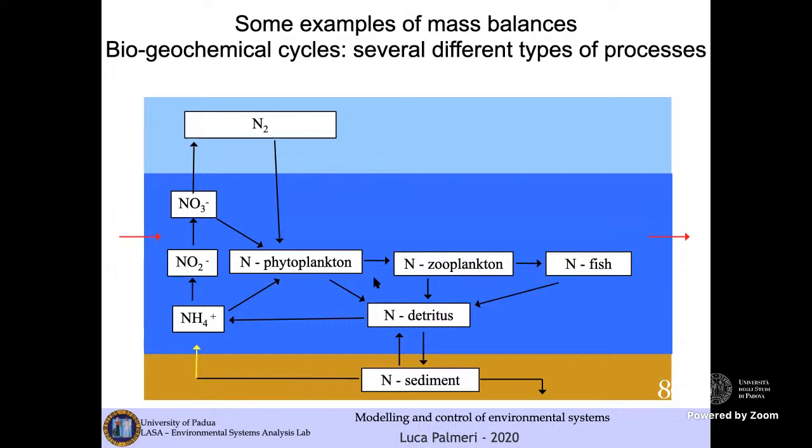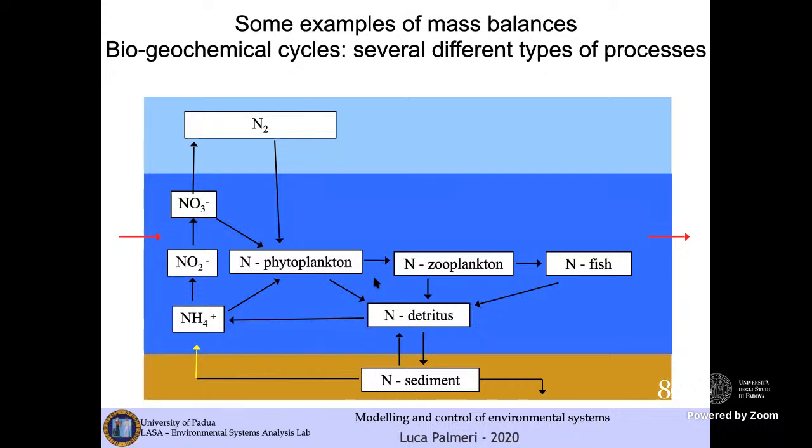Okay, before concluding the lecture of today, I would like to give you some practical examples of mass balances, and we will see by this how this consideration helps us in understanding the important role of biogeochemical cycles.